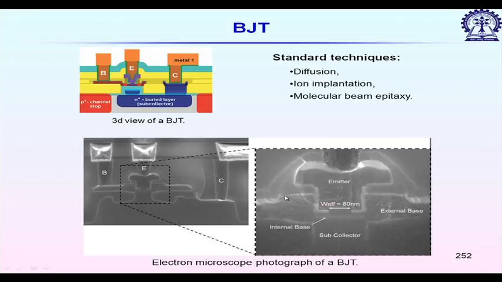Now, let us start with the first device, the bipolar junction transistor. The bipolar junction transistor is also used in the basic electronics lab. It has a very similar principle, the only thing is that when we use it for low frequency applications, let us say at megahertz frequencies, we do not consider the different capacitances offered by the PN junctions.